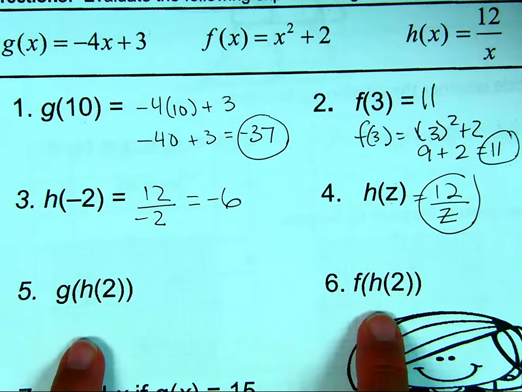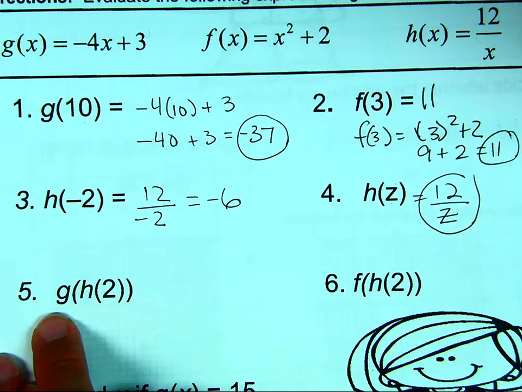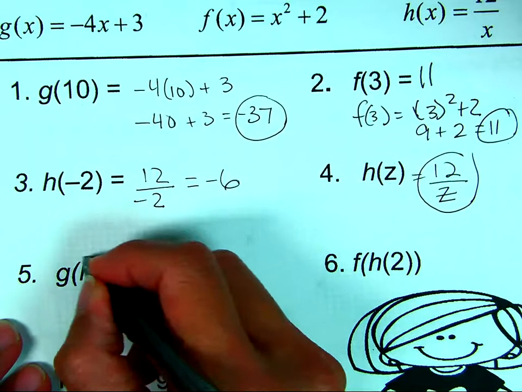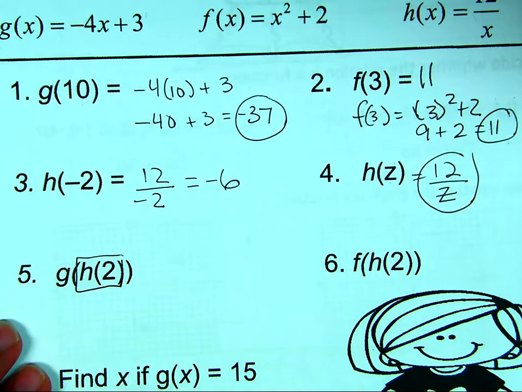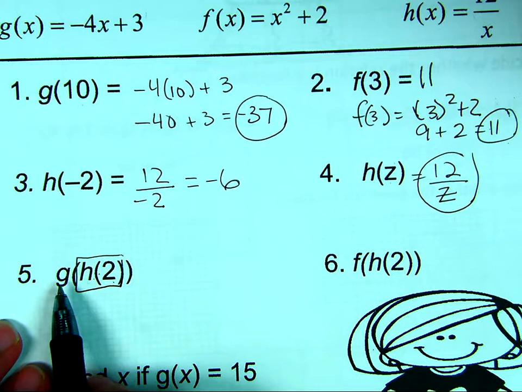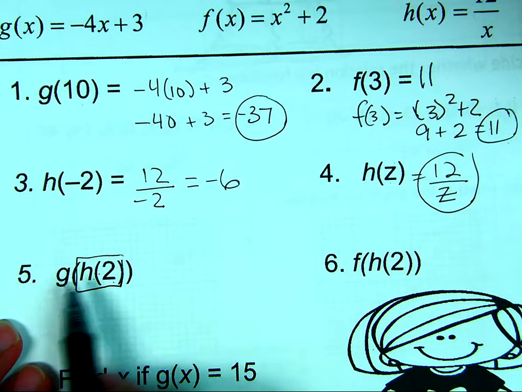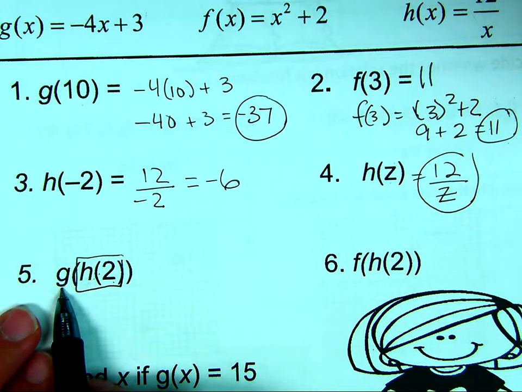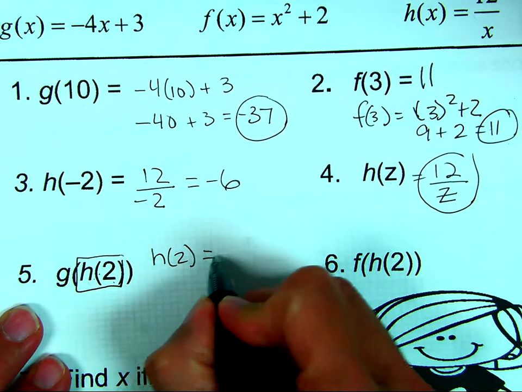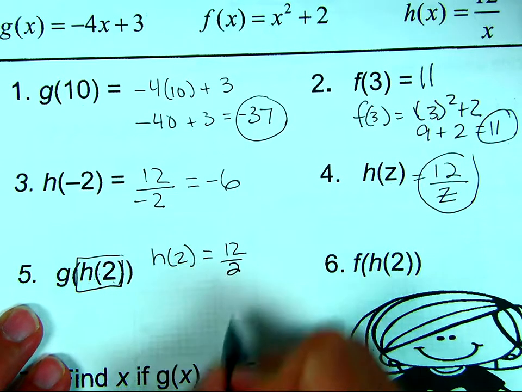Now this looks a little different. It has a g of h of 2. And so what we do in that case is we work with the innermost first. First we find out what h of 2 is, and then we come back and plug it in for the x in the g function. So h of 2, that's what I need to find first. So h of 2 means 12 divided by 2.